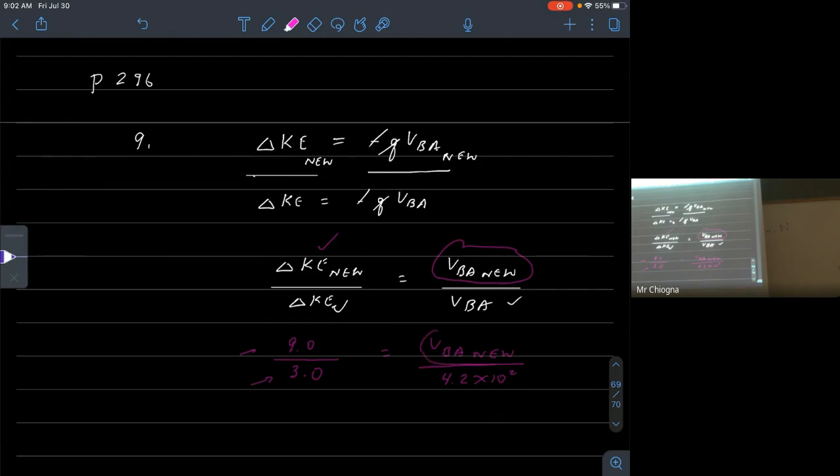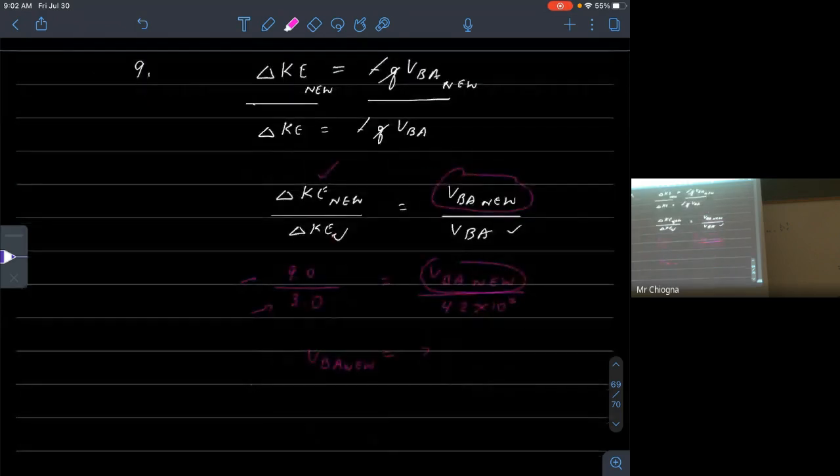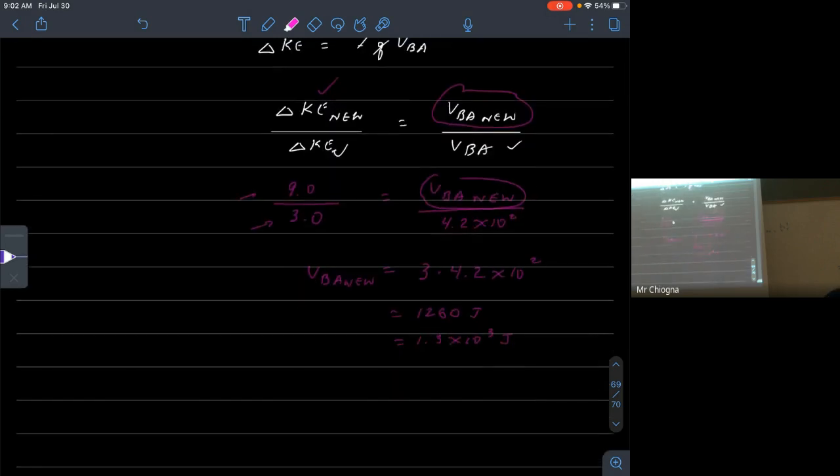So this must be 3 times greater. So 1260, or 1.3 kilovolts. Well, that's hard to see. Sorry about that.